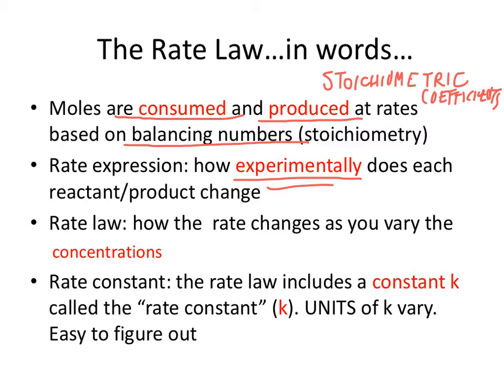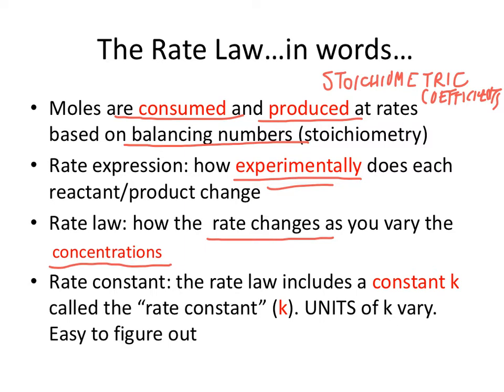We're obviously not going to be doing that, but it does describe how the reactants go down and the products are produced. And the rate law, the way we write the rate law is to see how the rate changes as you vary the concentrations of the reactants.